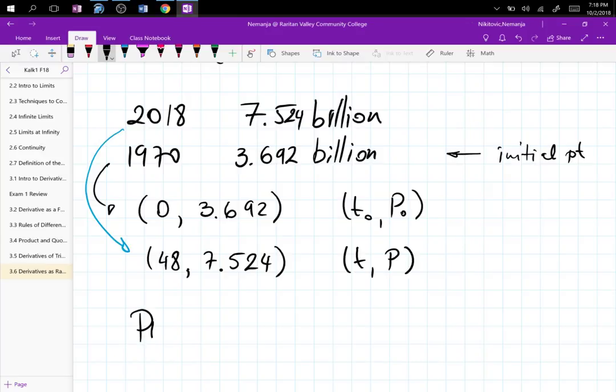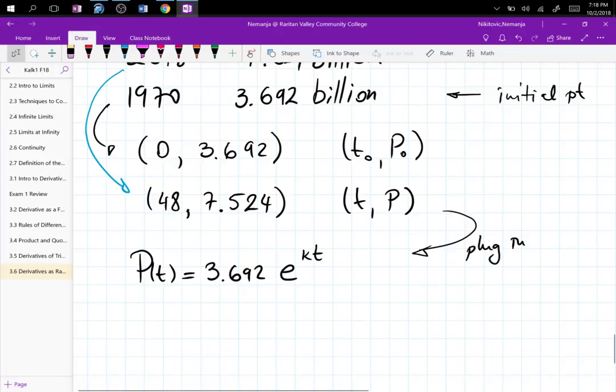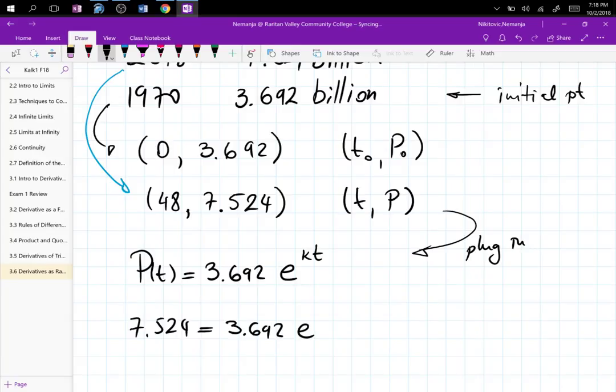So immediately we know that P of t is equal to 3.692 e to the kt, and now we plug in this one to calculate k. So population is 7.524 equal to 3.692 e to the 48k.